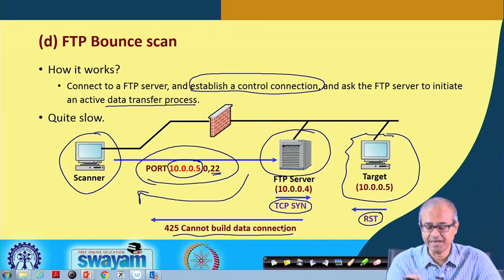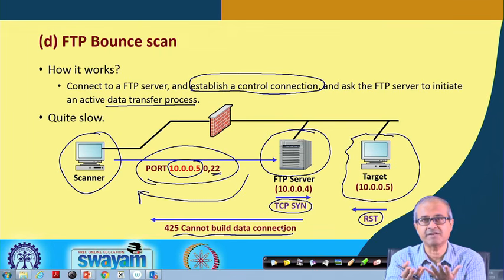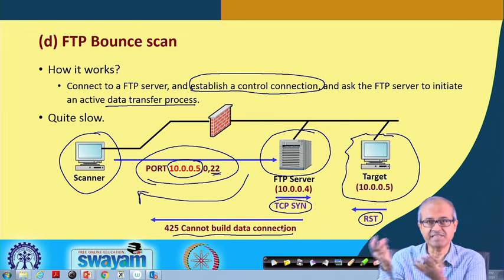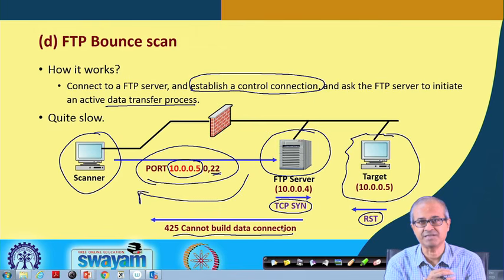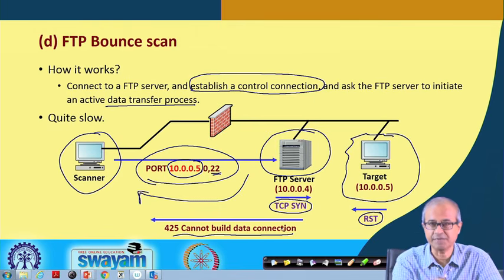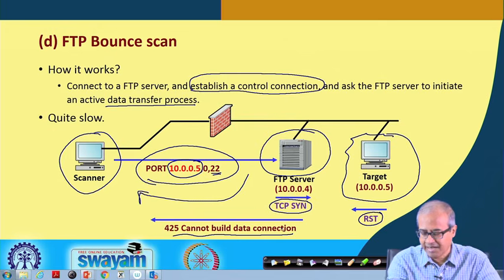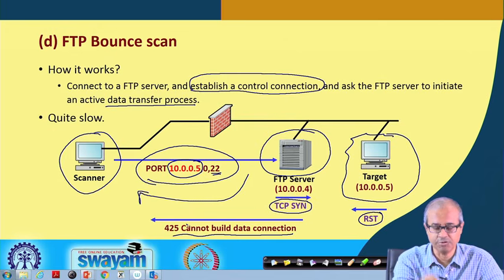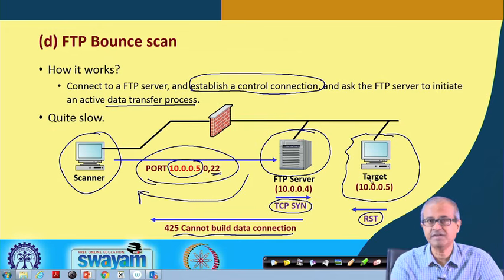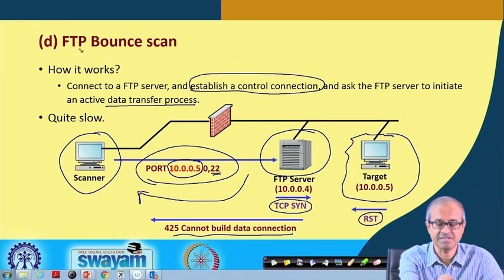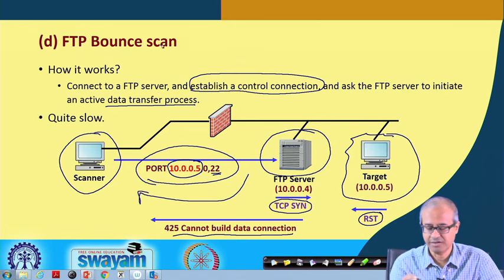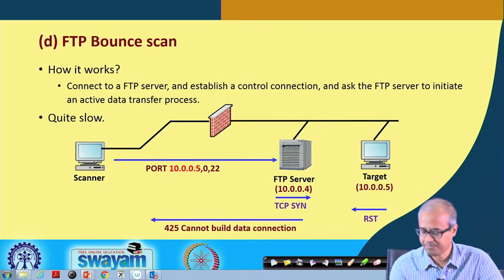So, the idea is that via the FTP server, the scanner is getting a response back from the target, and through this target, that means some packet is bouncing back, and if such a response comes back, it will conclude that the target was up and running. Okay. So, this is called FTP bounce scan. So, on this particular port number, the target was running.